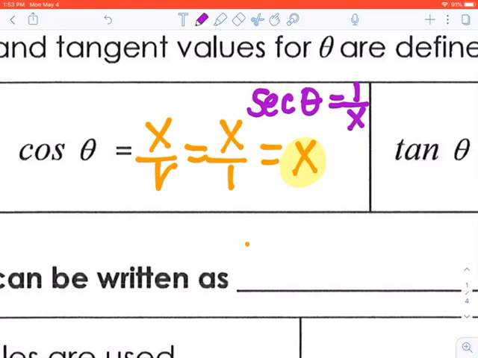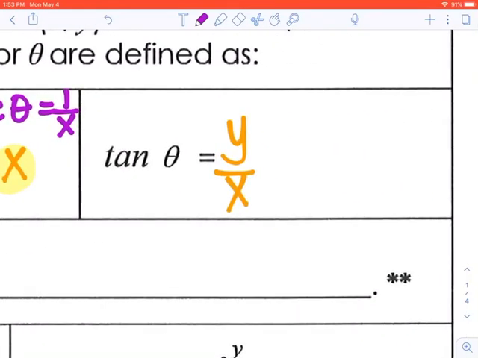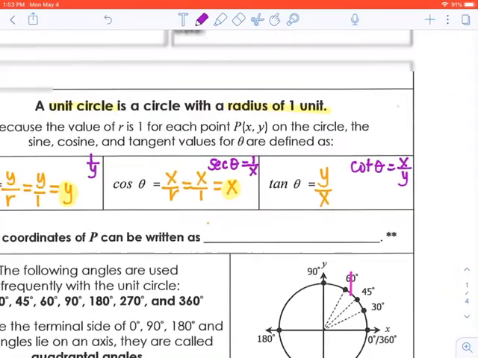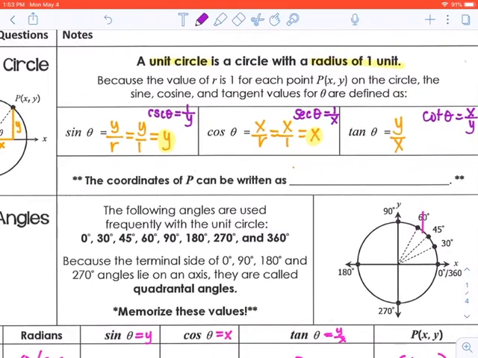So cosine is just x, and the secant is going to be 1 over x. And then for the cotangent of theta, if tangent is y over x, cotangent is going to be whatever the x value is over y. Okay, and so we are going to use the fact that the sine is equal to y, the cosine is equal to x, and the tangent is equal to y over x to create our unit circle.